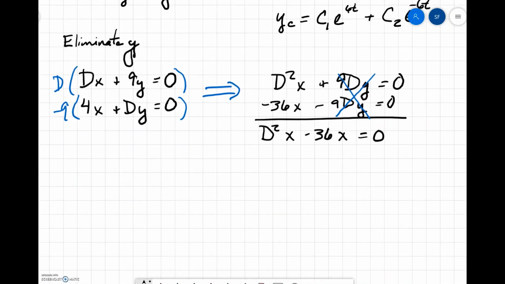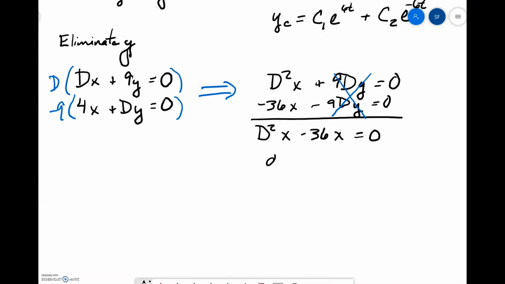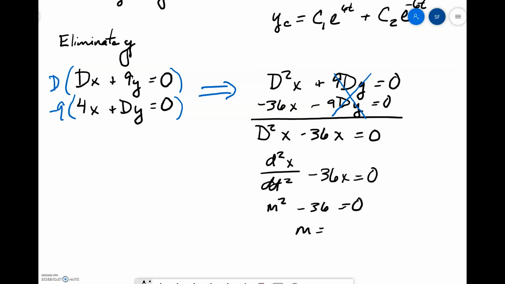Again, this is really the second derivative of x in terms of t minus 36x equals 0. Well, our characteristic equation was m squared minus 36 equals 0. M is going to equal, again, plus or minus 6.